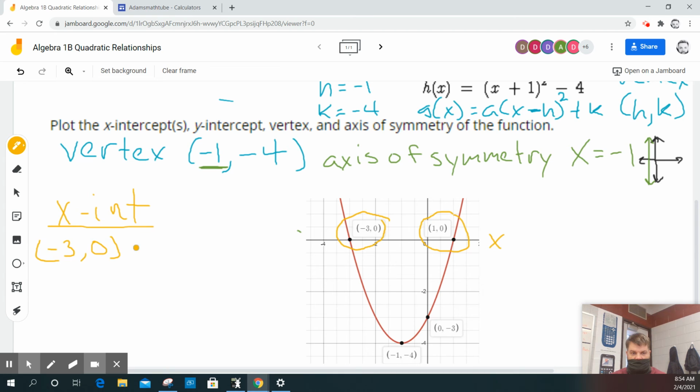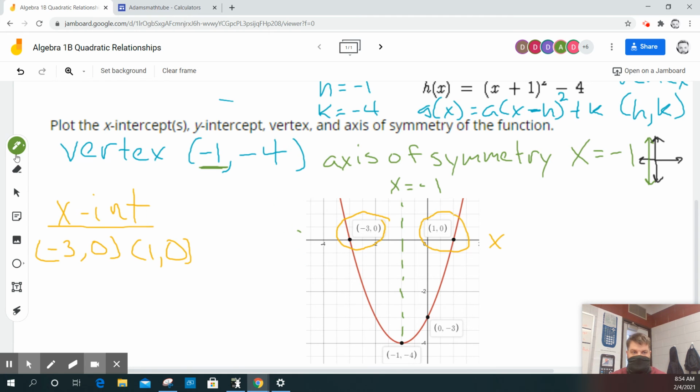Y should equal 0 on all your x-intercepts, and 1, 0. Okay. My y-intercept. Oh, by the way, this is my line of symmetry, right? My line of symmetry occurs at x equals -1. So that's my x equals -1. We were asked to graph that or plot it.